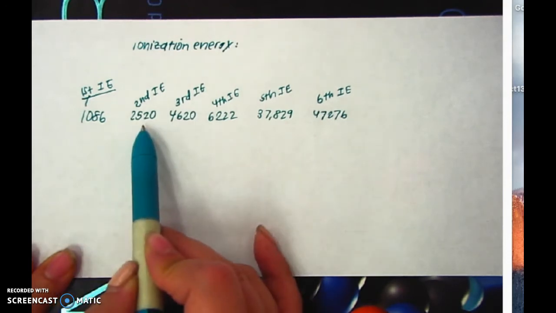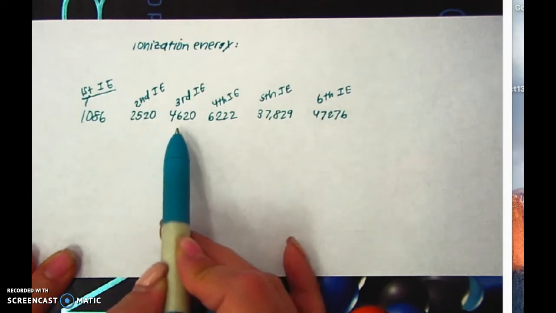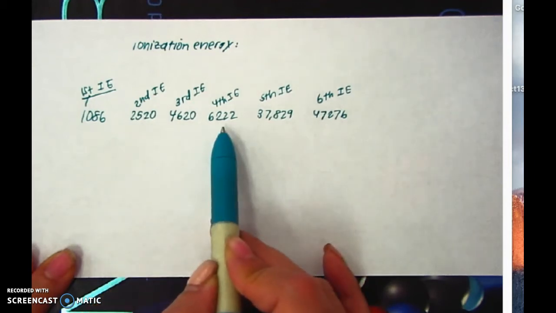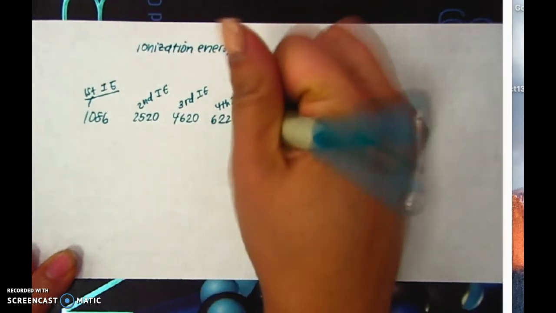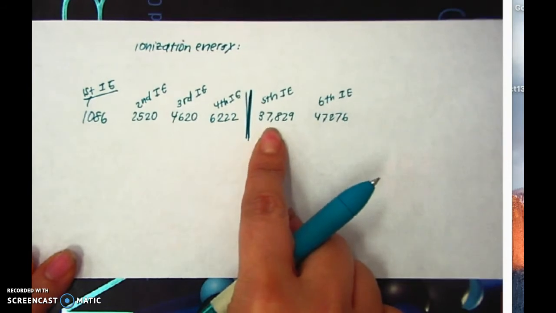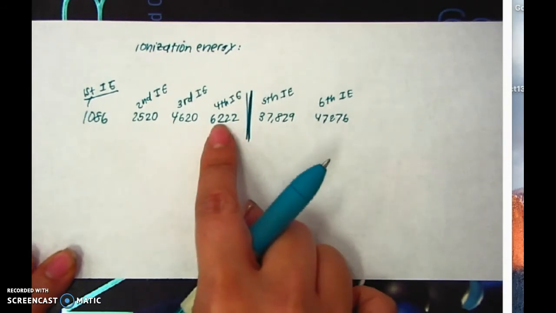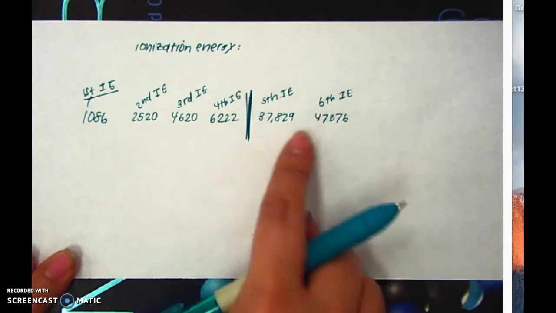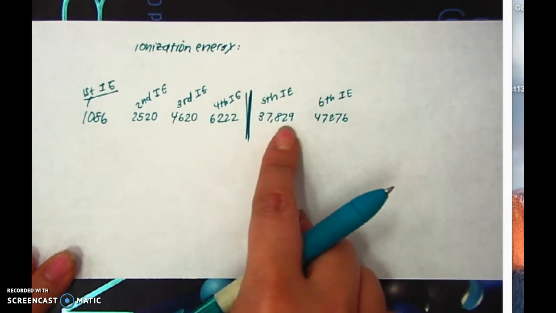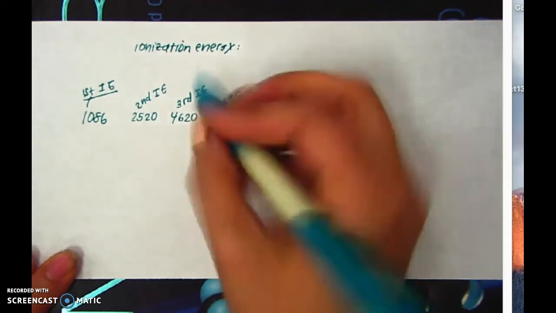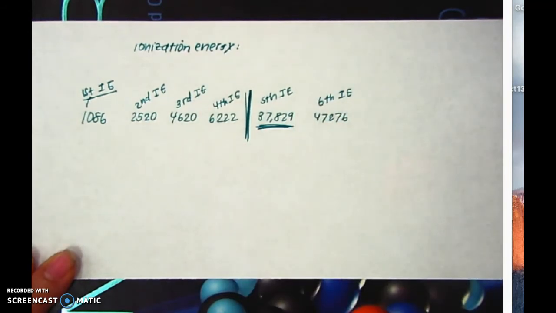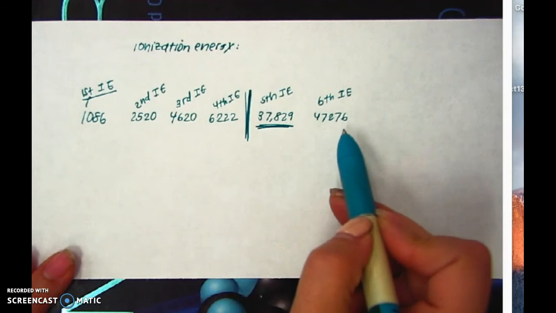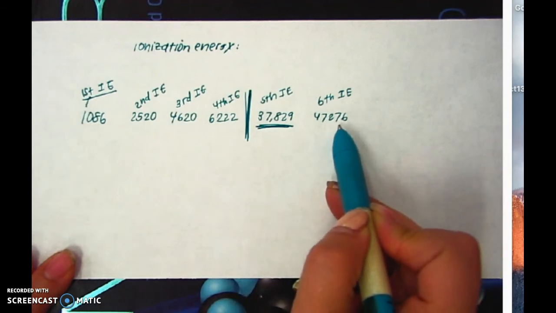This one requires 2,500 kilojoules, 4,600, 6,200, and then all of a sudden between the fourth and the fifth, you should notice that there's a really huge spike in the ionization energy, from 6,222 going on to the fifth ionization energy. It gets to 37,829. So there is a very obvious spike right here when you're trying to remove that fifth electron. And then for your sixth ionization energy, we get to 47,000.